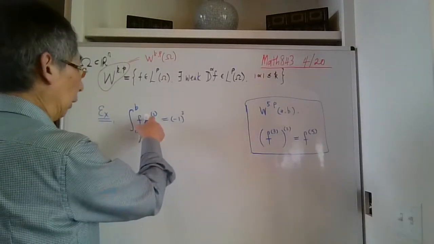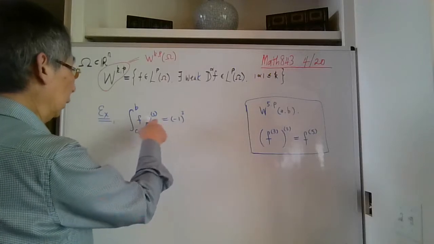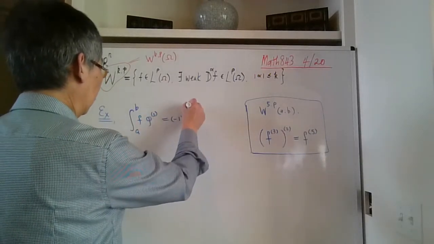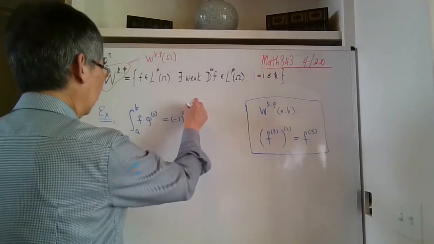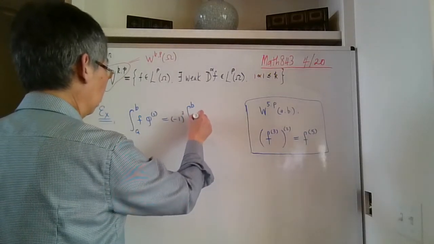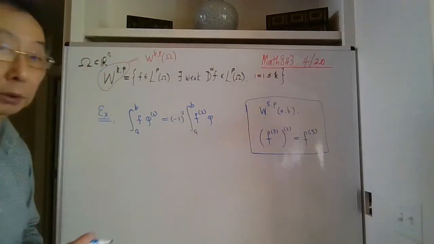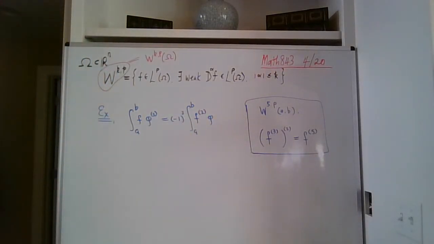But because I want you to remember the relationship between the order and the coefficient here, it equals the integration over AB of f times the triple derivative of phi, in the weak sense. So this is the result we get.